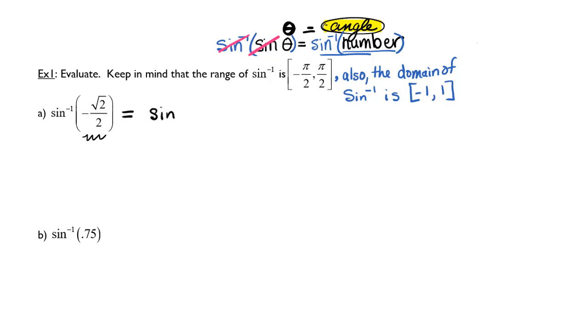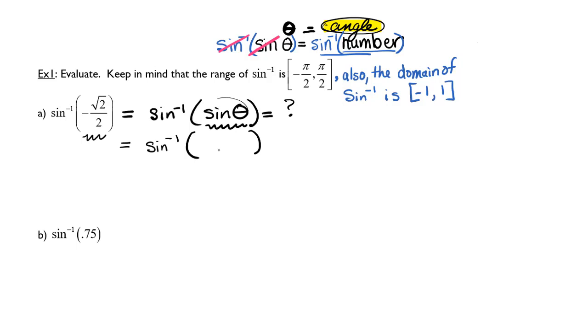So let's write this as sine inverse of sine of theta equals something we don't know. Now, what angle will give you a negative root 2 over 2? What sine of an angle will give us a negative root 2 over 2?